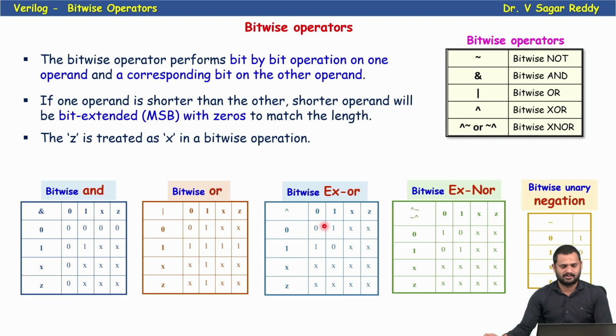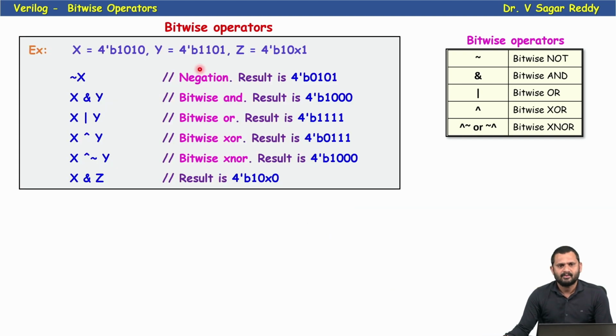We'll see some examples. Right now, let us consider x is 4'b1010, 4 bits. Here y is also 4 bits, 1101, and z is also 4 bits, 10x. Now see negation of x. Negation of x means this 0 becomes 1, this 1 becomes 0, this 0 becomes 1, 1 becomes 0.